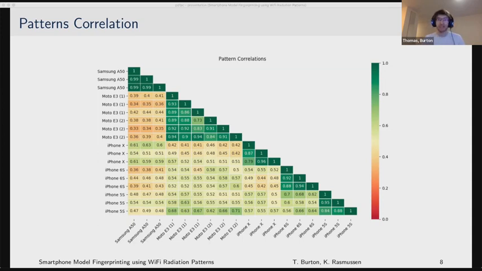So the disadvantage is we can't uniquely identify different devices, but the advantage is we can identify models without having to enroll each device, because we can just enroll one of that device, and then we know the pattern for that model of smartphone. And to be clear, by model I mean we have a manufacturer, and then under that we have different models. So we have iPhones, but we also have iPhone 10s, 6S, 5S, and they produce different patterns.